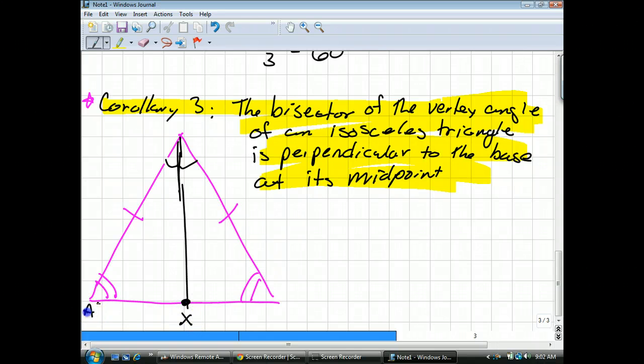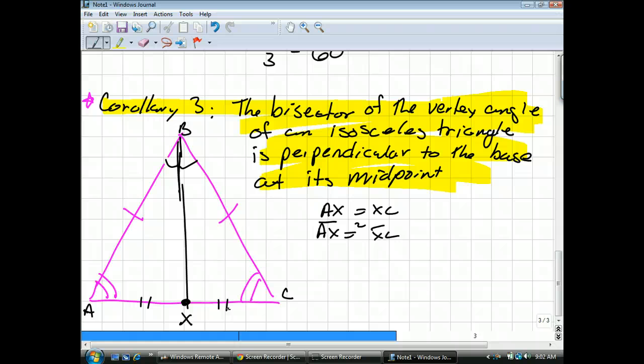And so if this is triangle A, B, C, then because of this corollary, we can say that the length of AX equals the length of XC. Therefore, AX is congruent to XC. Okay? So we know this is congruent to this.